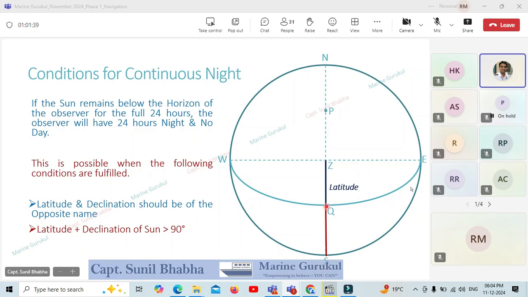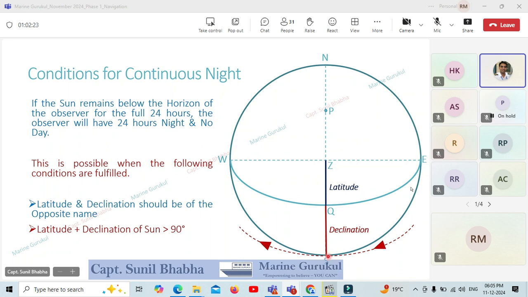If the declination of the sun is such that it has gone beyond point S or southwards of point S in our diagram, you can see the declination represented in maroon, and the declination is such that the sun has gone beyond point S. In this case, the declination circle of the sun, you can see this dotted line showing the declination circle of the sun, the entire declination circle of the sun will remain below the observer's horizon, making it a 24 hours night. There will be no sunrise, the sun is not going to come above the horizon of the observer, and there will be no daylight.